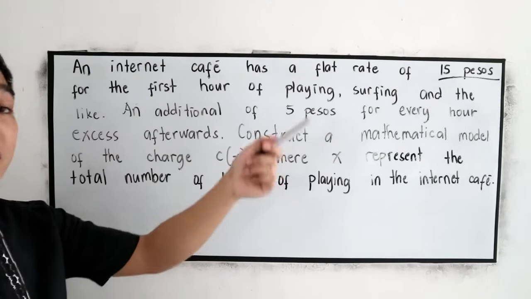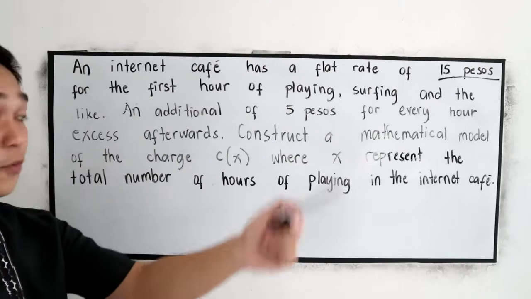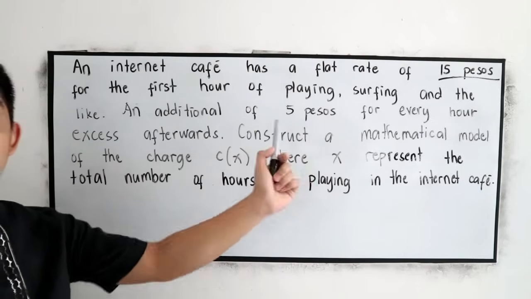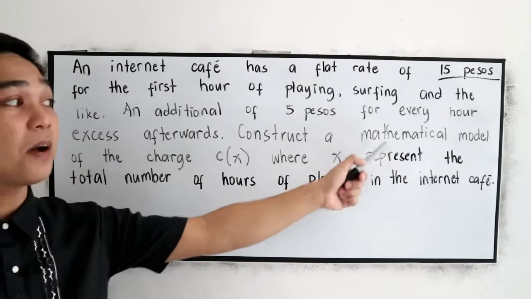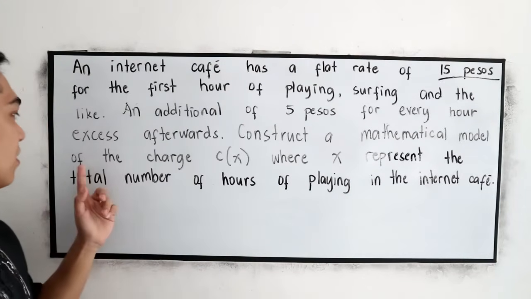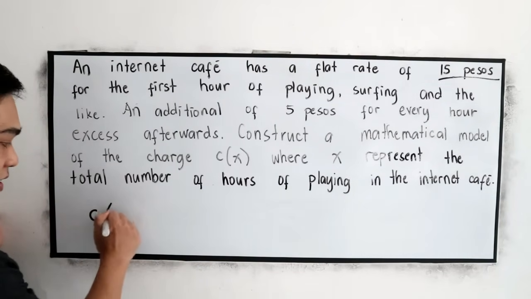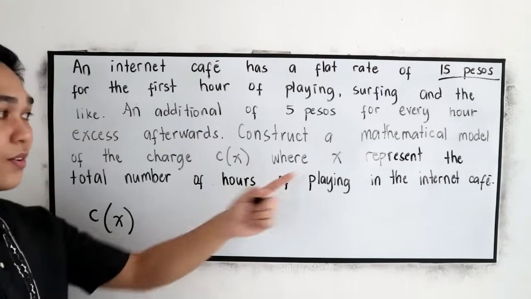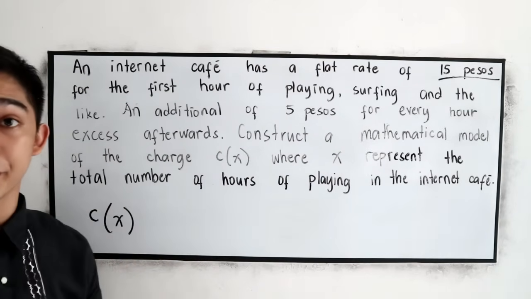Pagkatapos, kapag nag-exit ka na, let's say naka 2 hours ka na, 3 hours, 4 hours ka na, additional of 5 pesos every hour. Construct daw tayo ng mathematical model of the charge C of x. So, meron tayong C of x, wherein x represents the total number of hours.